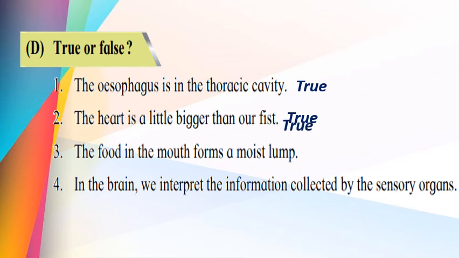So it is also true. Last one, in the brain we interpret the information collected by the sensory organs. Yes, absolutely, this is also the right one. The sensory organs make us aware about our surroundings, and they give information to the brain, and in the brain we interpret the information collected by the sensory organs, right?